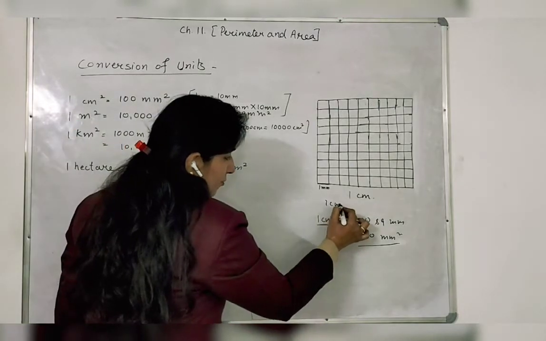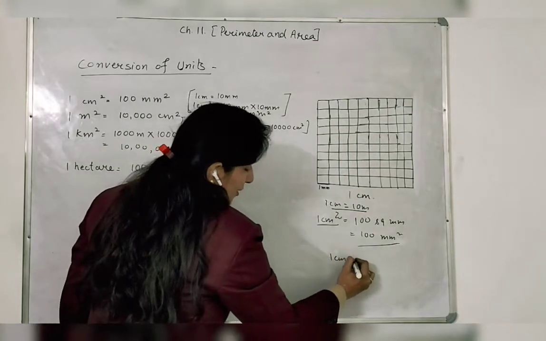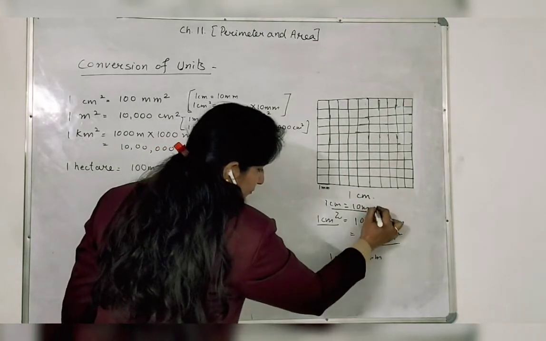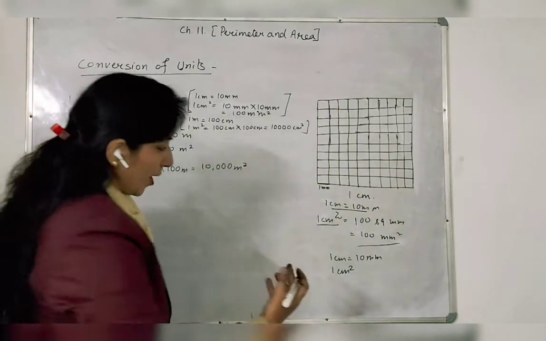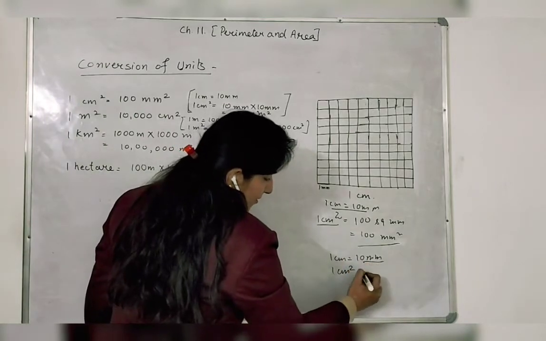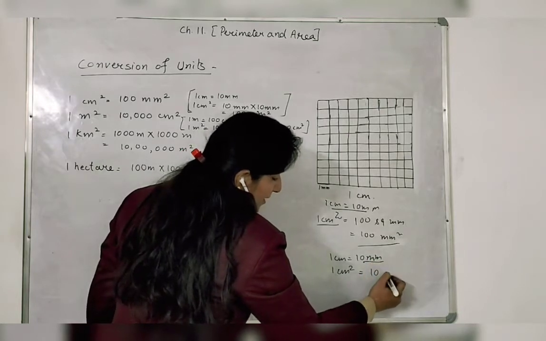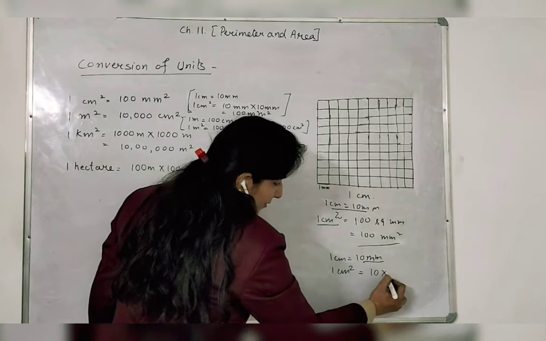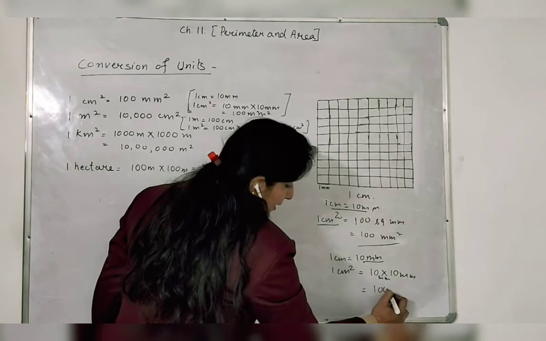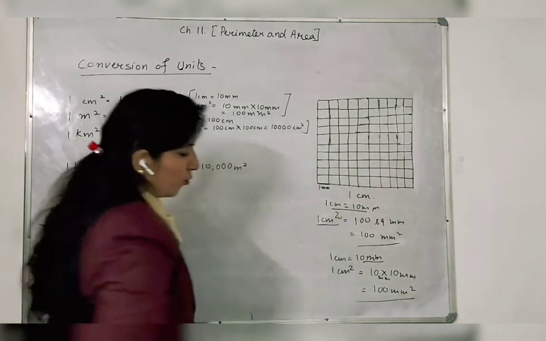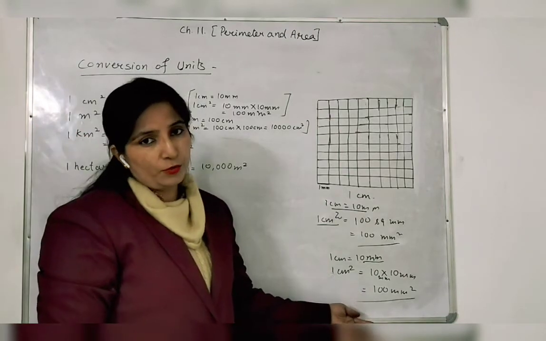But 1 centimeter equals 10 millimeters, and 1 centimeter square means we are just squaring it. We are making a square of this side. To find the area, we need to multiply side into side. So side is 10 millimeter, and 10 millimeter multiplied by 10 millimeter is 100 millimeter square. Whenever you want to change the unit in area, you need to change it in this manner.